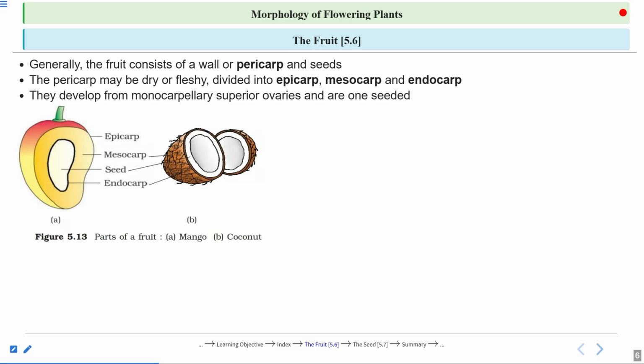Now you know what is epicarp, mesocarp, endocarp. It is very, very important, right? So in the case of mango also, how many carpels are there? Only one carpel. How many ovaries? Only one ovary. And only one seed is there. See, this is one seed. And in the case of coconut also, this is one seed, right?